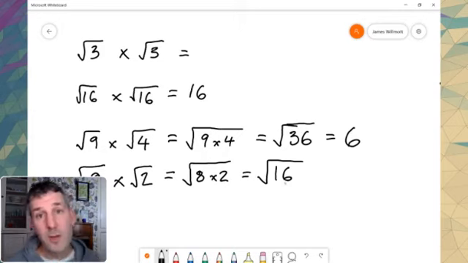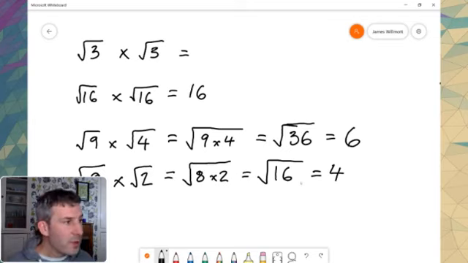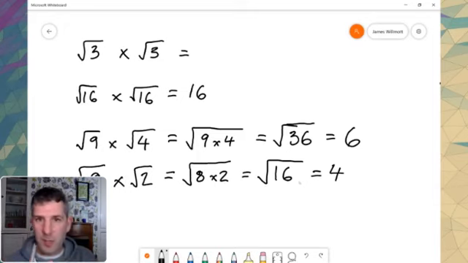And the square root of 16 is 4, because 4 times 4 makes 16. Okay, so whenever you're multiplying surds, that is the underlying principle that will guide all of the answers. Even when you get onto much more complicated ones, it's always that exact idea, that you can put those together, multiply them together, and find the square root of that.